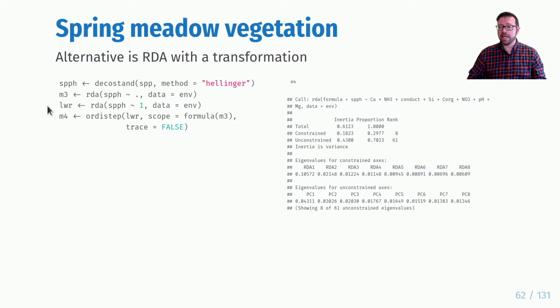And so you can use RDA to get an ordination that's similar to the sort of CCA thing you get. And if you do that, you end up with the same model, or the same variables in the model, I think. Okay, maybe some slight differences, but they're going to be showing the same sorts of things.